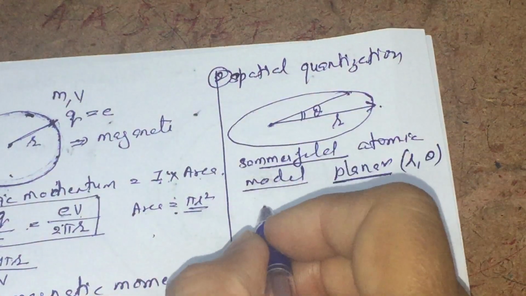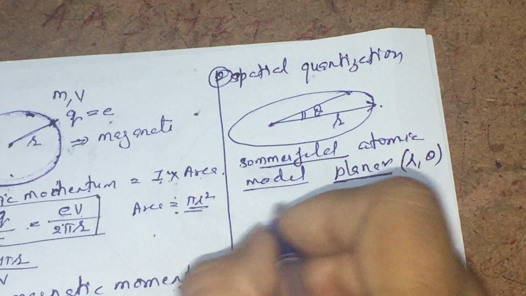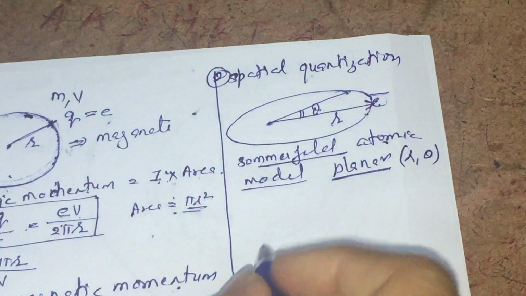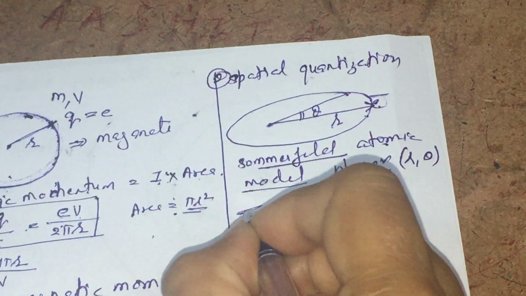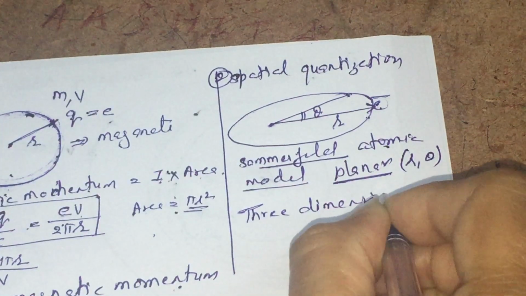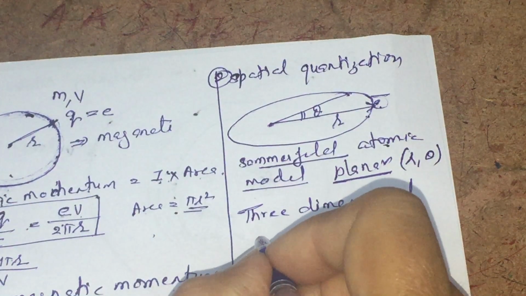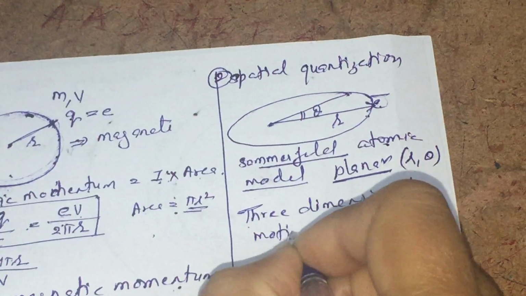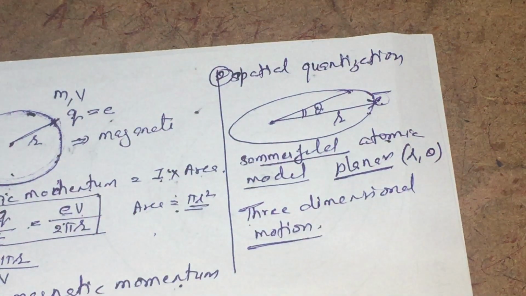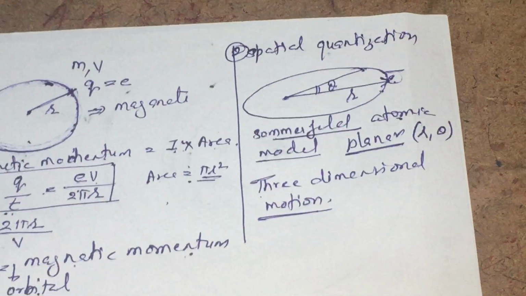According to the vector atomic model, the motion of the electron is not planar, it is a three-dimensional motion. It means the electron can move in any plane, maybe the xy plane or the yz plane.